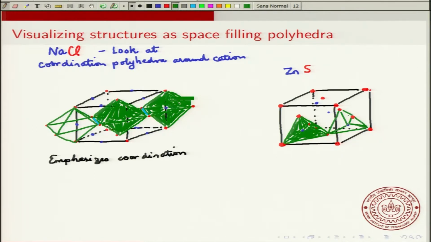Now, in this case the 2 tetrahedrons only share one corner. So now the structure looks like a set of corner sharing tetrahedra, and you can extend both these octahedra and tetrahedra to fill the entire space. So, this is how you visualize structures in terms of space filling polyhedra.